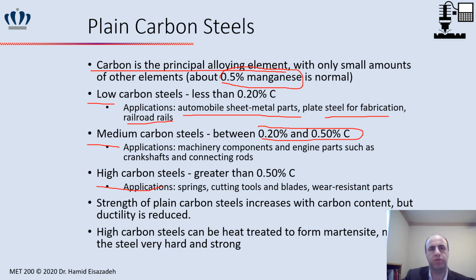And high carbon steel can be heat treated, these two can be heat treated, meaning they can be harder if you do heat treatment. In the heat treatment you can form martensite. Martensite is a hard material, so you can increase the strength. The application can be a spring, cutting tool, blades, and wear resistance parts.